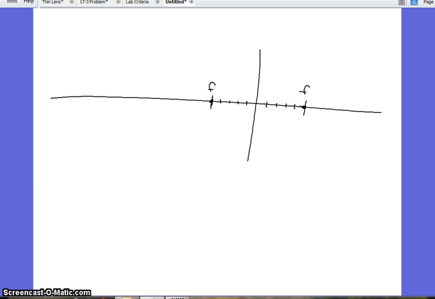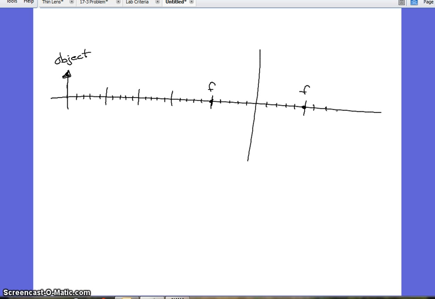The object is 25 centimeters away. So 6, 7, 8, and so on up to 25. So we'll draw an arrow. Here's our object at this location.